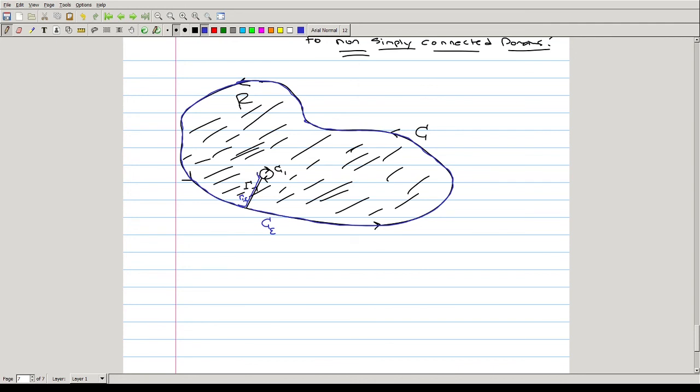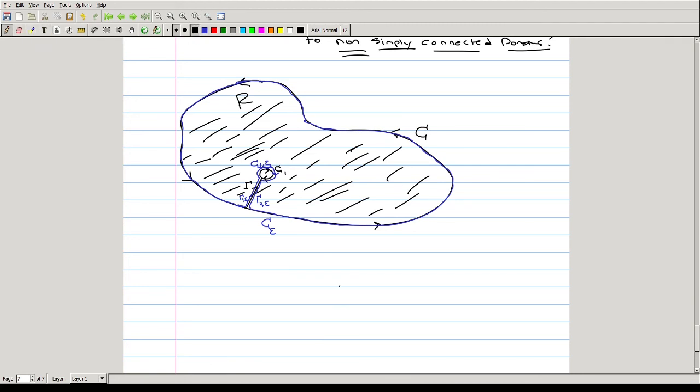And then we have another piece going around the curve, around this in the opposite direction. And we call this portion C1 epsilon. And then lastly, we have one final piece that we'll call gamma 2 epsilon.